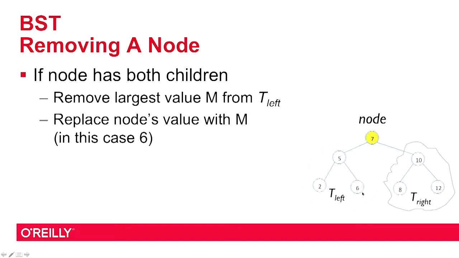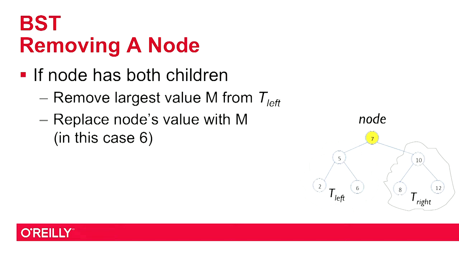So if I could just find the maximum value in the left subtree, then I should be able to replace my node that I'm about to delete with that maximum value. And the reason being, I know that all the elements in the right subtree are already greater than or equal to this node at the root, and therefore they would also be greater than or equal to whatever happened to be the largest element in T left.